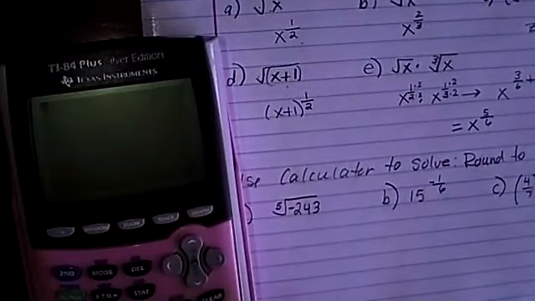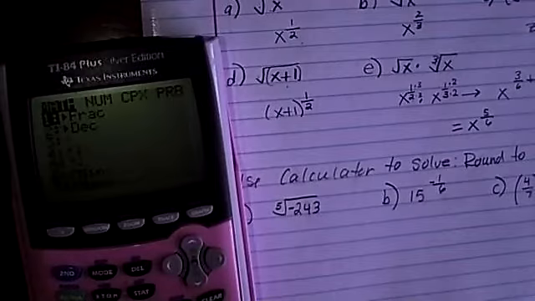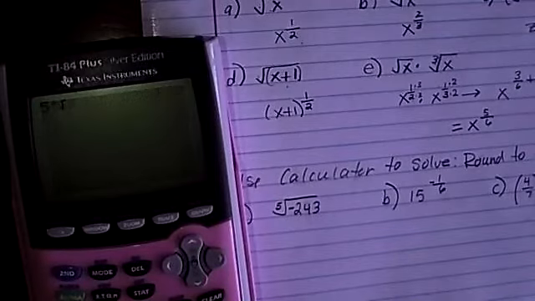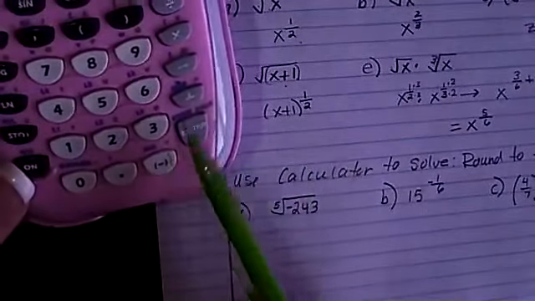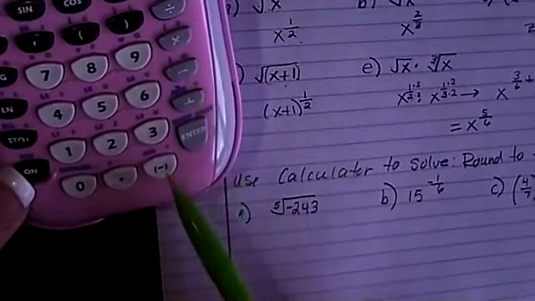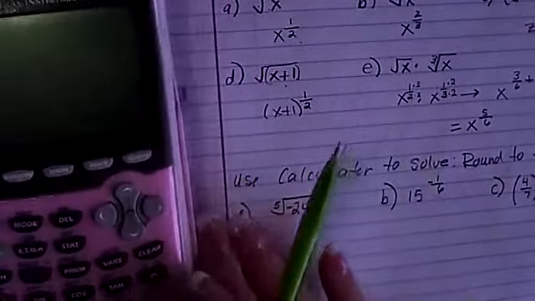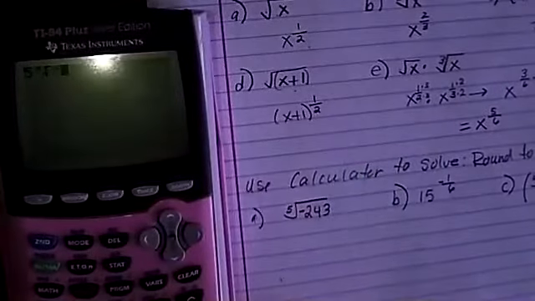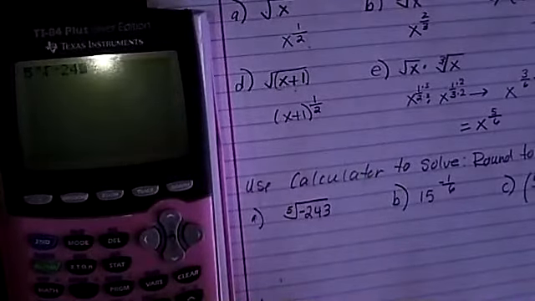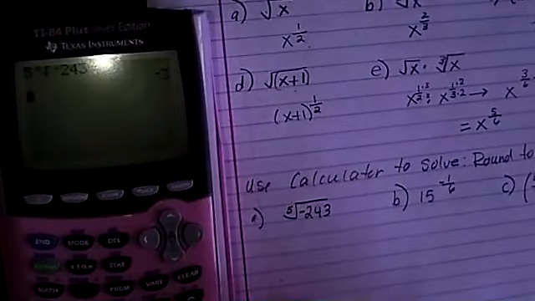So remember, we're going to go 5, then we'll go to our math, go down to number 5 that has the x, and then put in, and remember this button right here, this is your negative. Don't use the minus or it will come out as an error. You've got to use the negative sign. Okay, so we have a negative 243, and that gives us a negative 3.